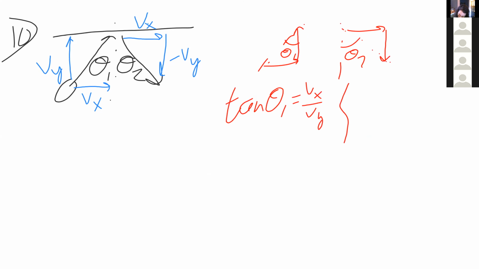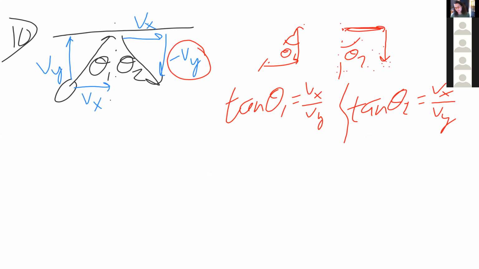For the tangent of theta2, the opposite would be the same length as v sub x, and the adjacent would be the same length as v sub y. I think I'm just going in a circle, but the point is that angles 1 and 2 have to be the same. You'd have to change the actual size of the y component in order to change the angle. I think that's probably straightforward.